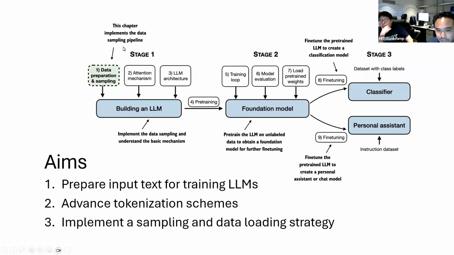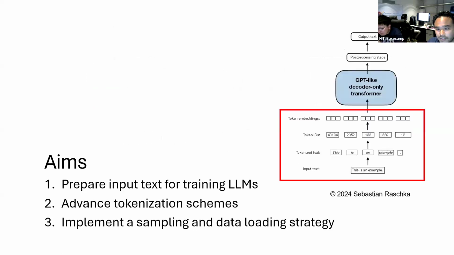As you can see, the pipeline has different stages. In this one, we're focusing on how to create the input text. More specifically, if we have an input text, for example here, we'll learn how to tokenize the text, then create token IDs, and then create the embeddings.